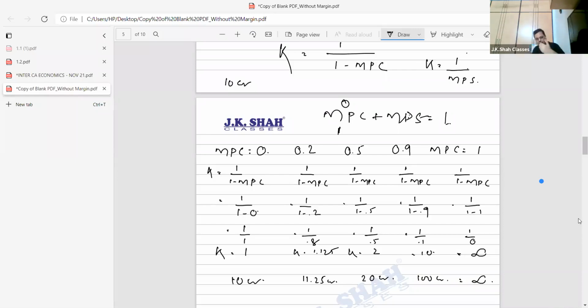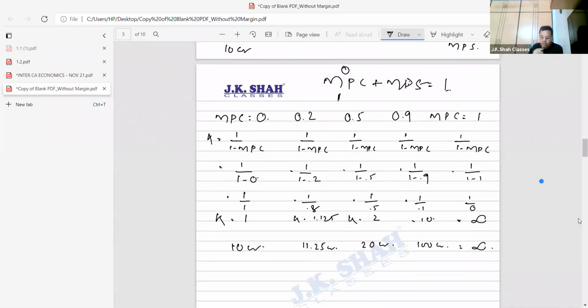The more you spend, the more will be the value of multiplier and the more will be the increase in income. That is why I said yesterday, I was shouting, my voice also got spoiled, that Keynes theory is all about spending. You could make out the more people spend, the more will be the increase in income.